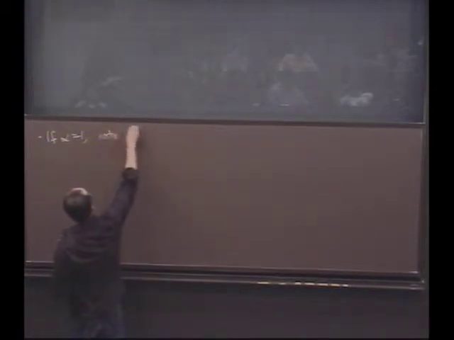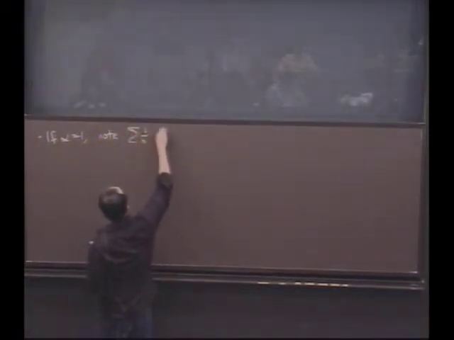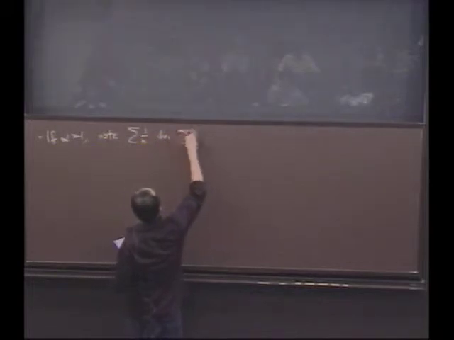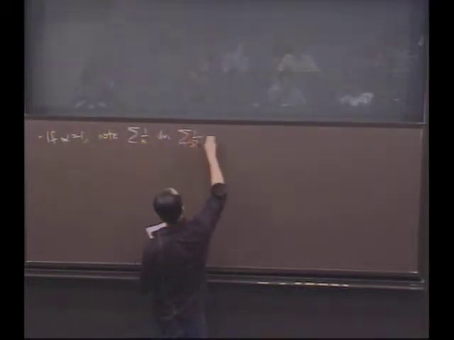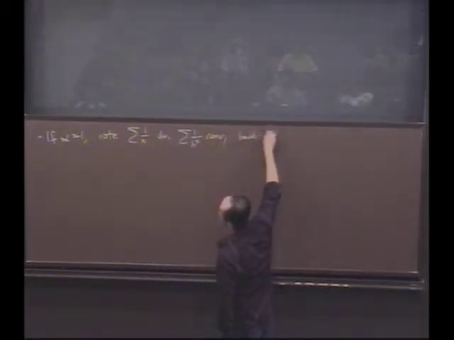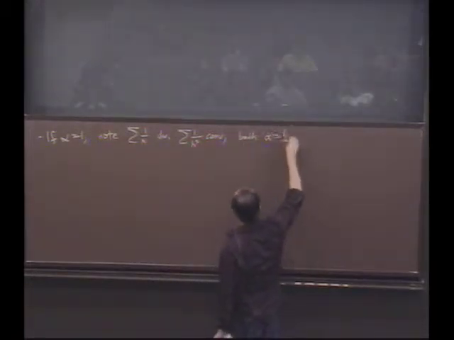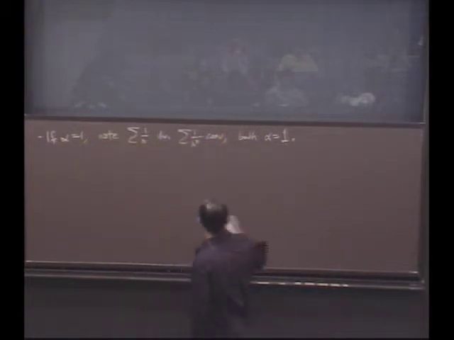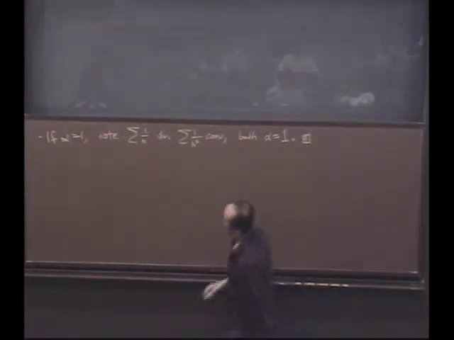So if alpha is 1, notice that the sum of 1 over n diverges. The sum of 1 over n squared converges. And both of these have alpha equal to 1. Okay? But what's the basic message? Compare with the geometric series.